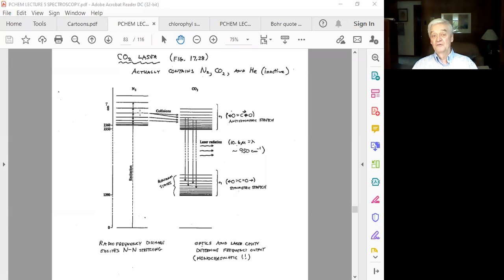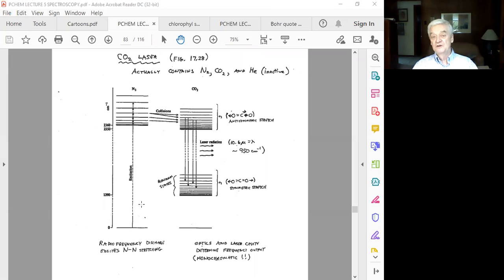Now you remember, we cannot do this optically. We cannot do this with just plain light, because N2 does not have a dipole moment, so you can't get direct absorption of light. So we excite the nitrogen molecule like that, and it can't re-emit very easily, because that would again require a dipole moment.